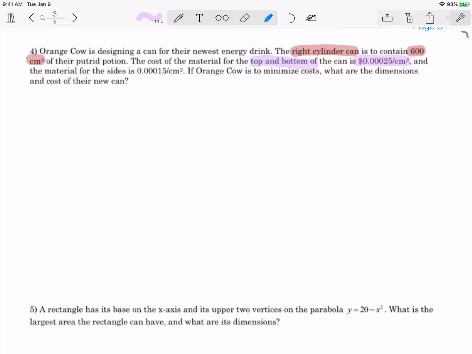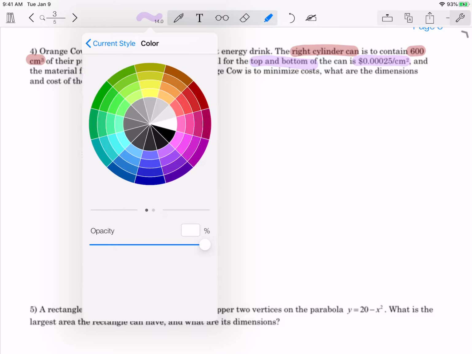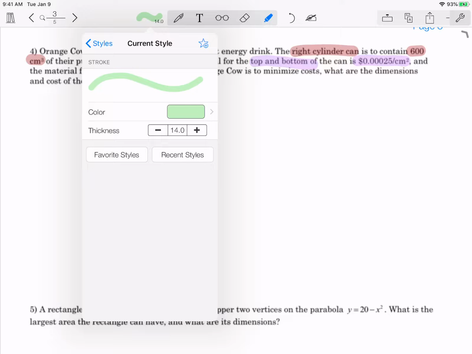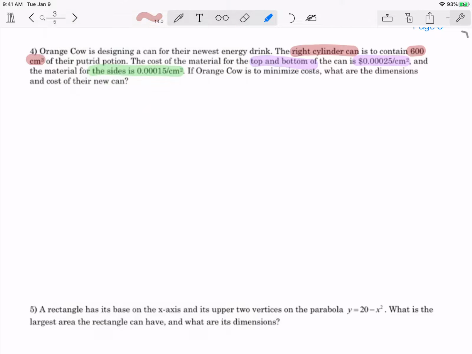So I need to multiply area by that number to get the actual cost for that material. And then the cost for the sides, we'll do that in green, material for the sides is this other very small number. Now, they want to minimize the costs, which makes sense. They want to make the most bang for their buck. So they want to minimize the costs, so we need to find the dimensions of the can.